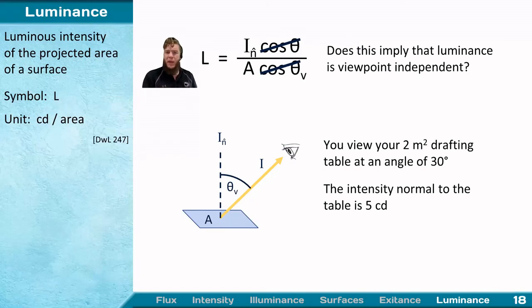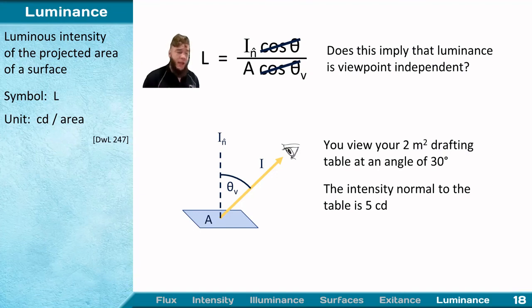So does this imply that luminance is viewpoint independent? You can think about this yourself. Take a basic surface, right? Not a mirror. So any kind of ordinary Lambertian surface, if you change the apparent surface area of that, the brightness doesn't really change, right?